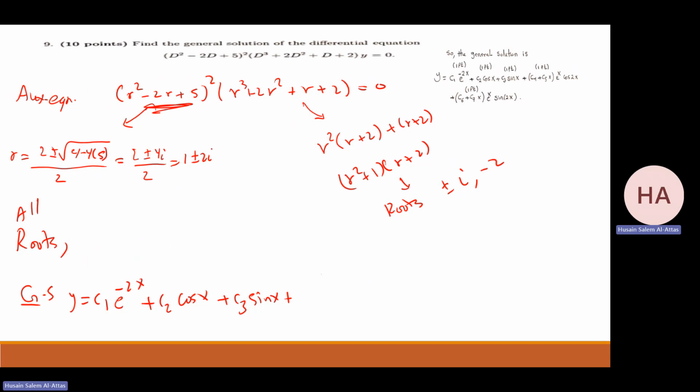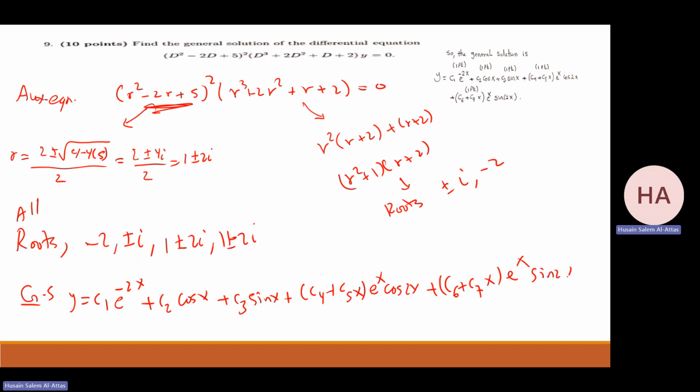Yeah, I forgot that. Let me write minus 2, plus or minus i, and 1 plus or minus 2i repeated. So I need C4 plus C5 x, times e to the power x cosine 2x, plus C6 plus C7 x, times e to the power x sine 2x. And that will be my answer.